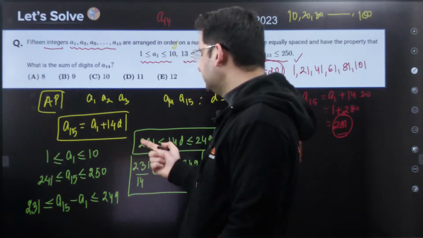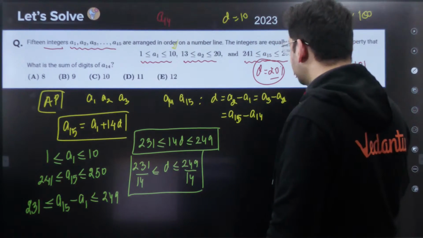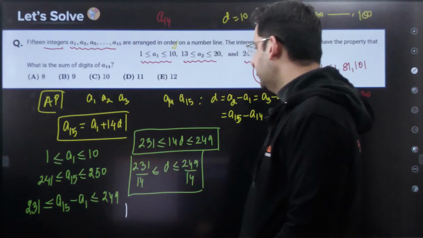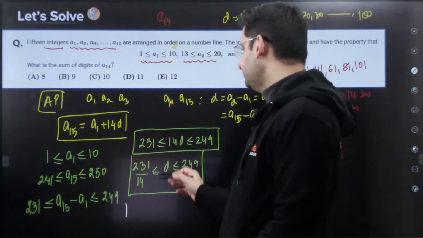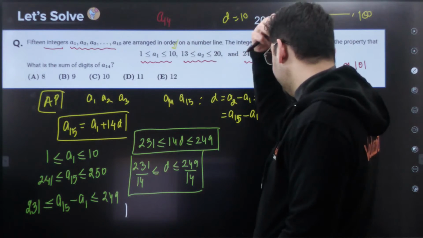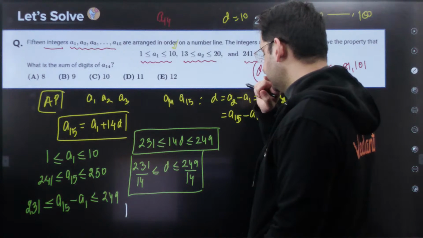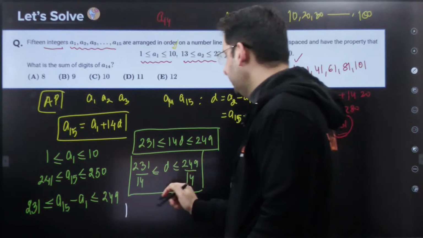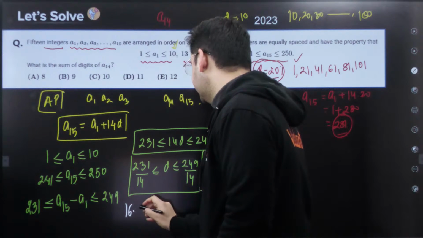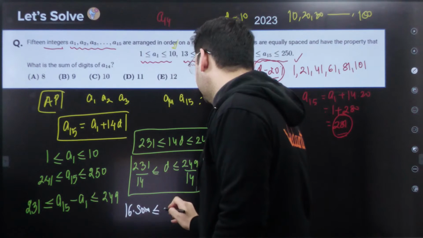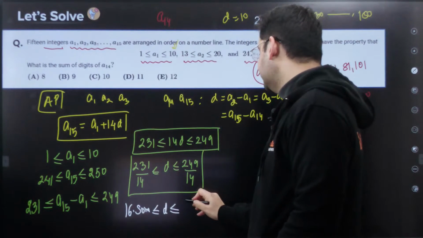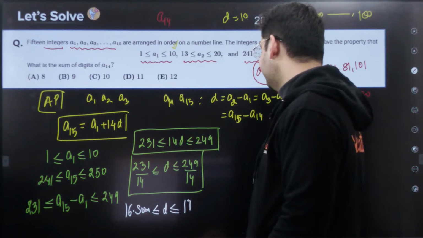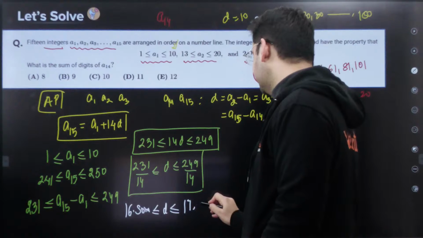Of course these are not going to be divisible exactly, but can we find the approximate value? 231 by 14, if you can use the calculators, 14 ones are 14, 14 sixes are 84 point something, is less than equal to D is less than equal to 14 sevens are 98 point something.